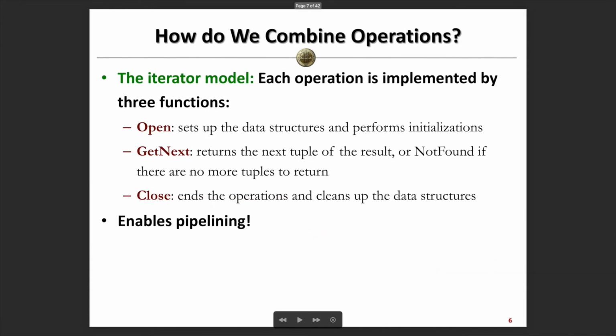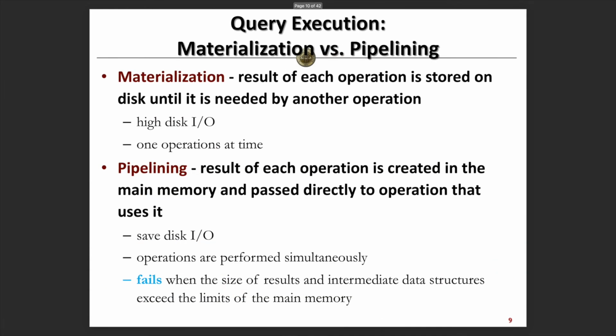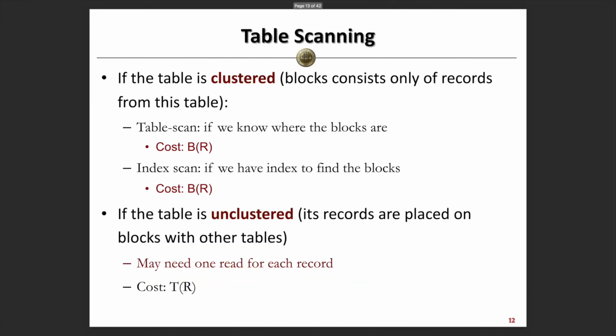In the following pages, the first algorithm we plan to discuss is the scanning of tables. What will be the time cost for scanning one table? It really depends on the index tables we are using. Before, when we talked about index tables, we mentioned two kinds: clustered versus unclustered.